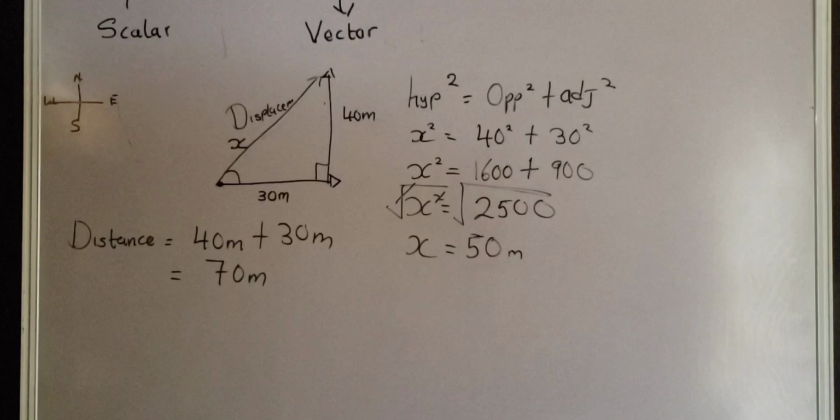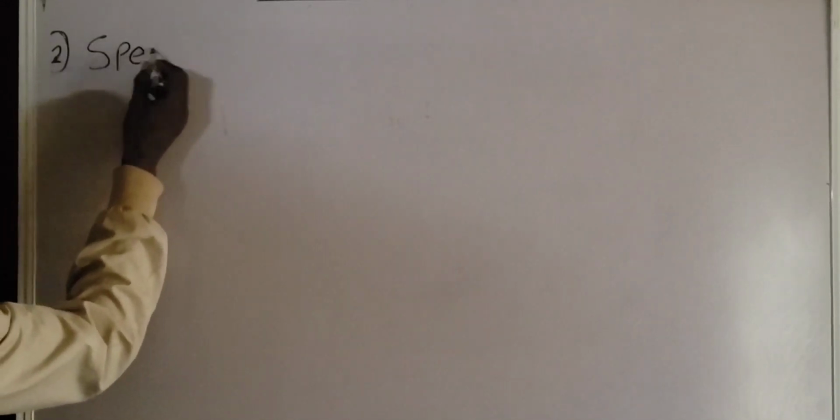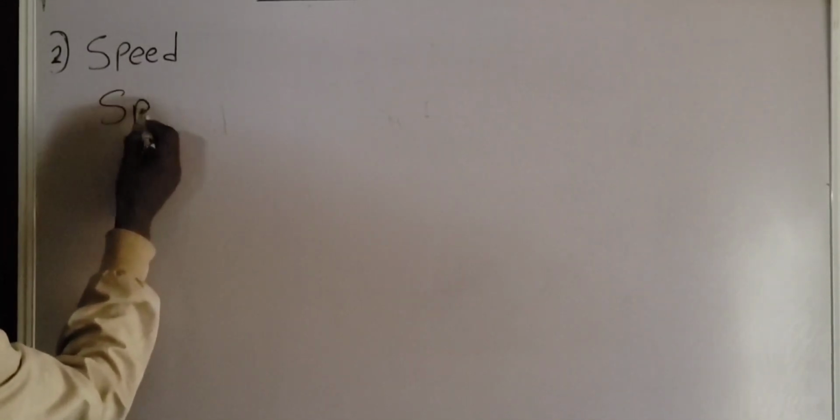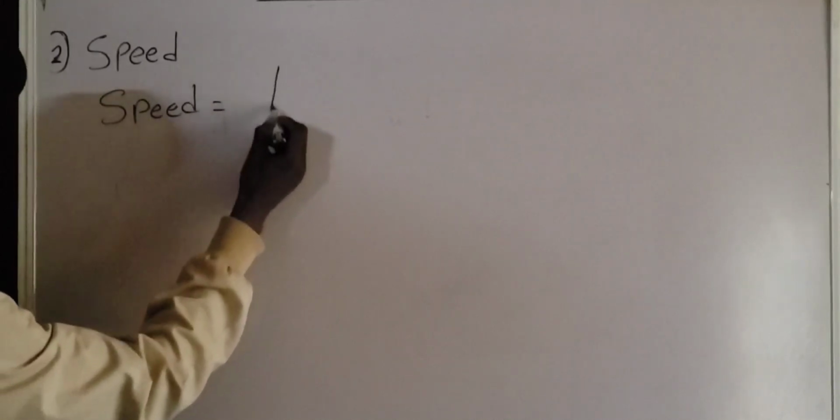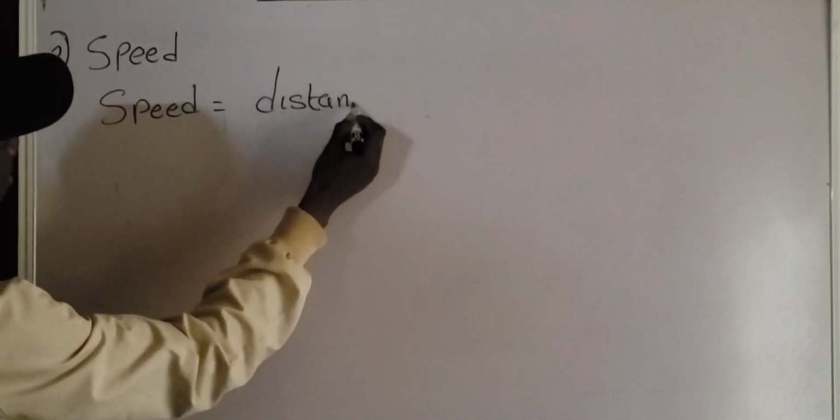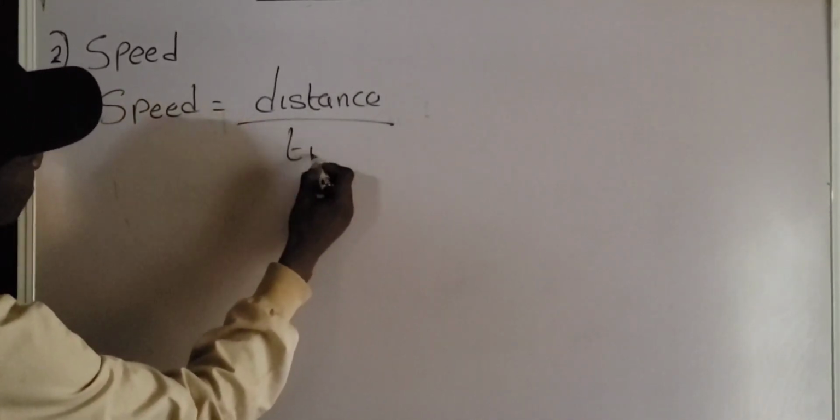Now let us proceed to another concept known as speed. What do we mean by speed in physics? The speed tells us how fast an object is traveling, and it is expressed mathematically as speed equals distance all over time.